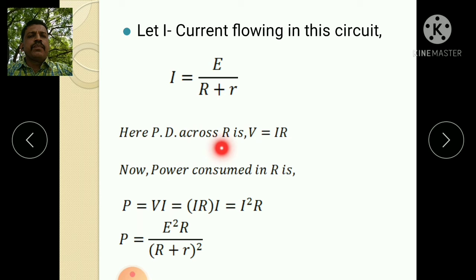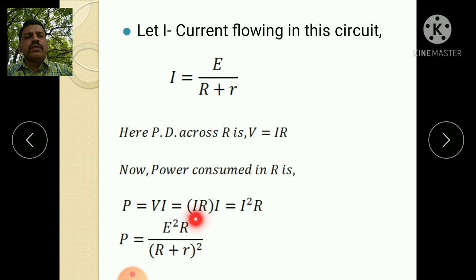The PD across R is V equal to IR, that is Ohm's law. Now the power consumed in resistance R is given by P equal to VI, that is, power is the product of voltage and current.